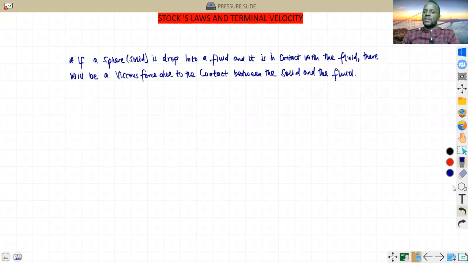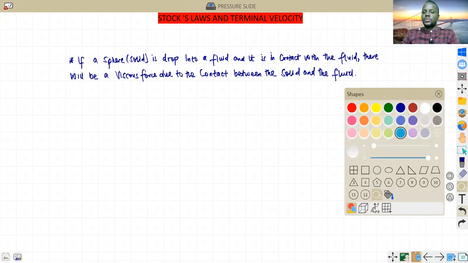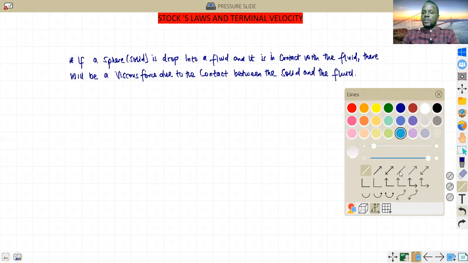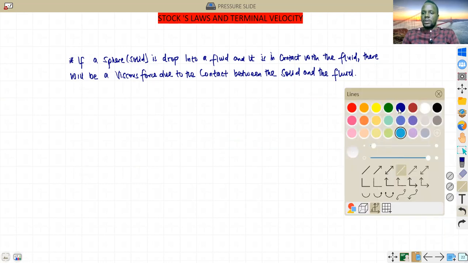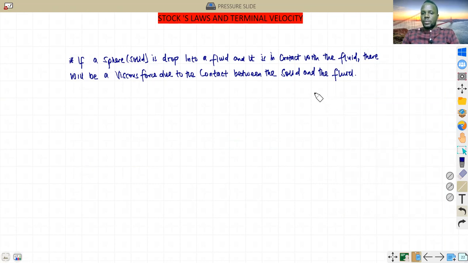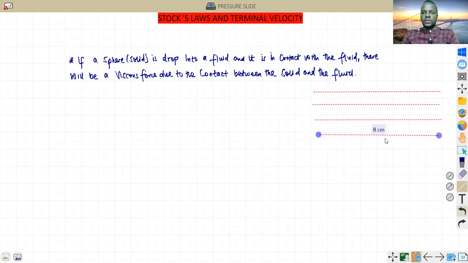We can understand this very well by bringing in some illustration for better understanding and clarification of this concept. So let's quickly show how that works. Let's consider a fluid layer, like this, for better understanding of the concept and of how to solve questions.